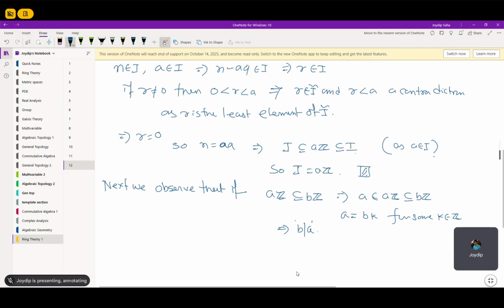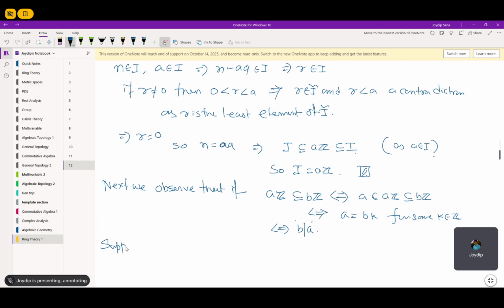Conversely, if b divides a, then a equals bk. This implies aZ is a subset of bZ. So aZ is a subset of bZ if and only if b divides a.